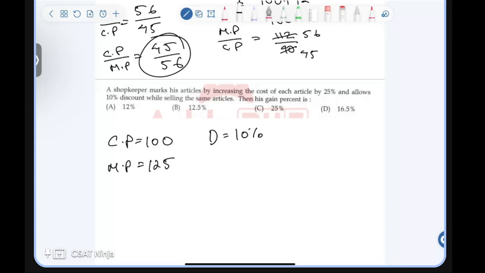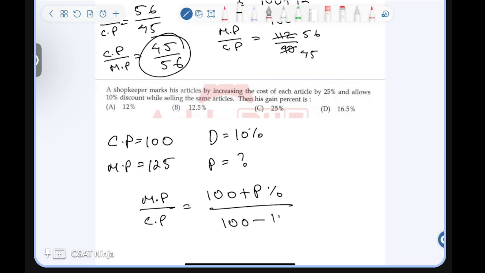And the question says there is a discount of 10% while selling the same article. So the gain percentage means profit percentage here. We know the formula. What was the formula? Mark price divided by cost price is 100 plus profit percentage divided by 100 minus discount.